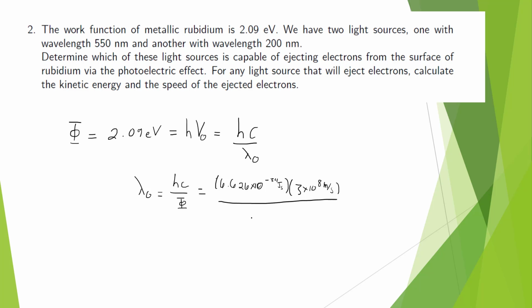And the work function is given in electron volts. In order for the units to cancel out, we are going to want to convert electron volts into joules.